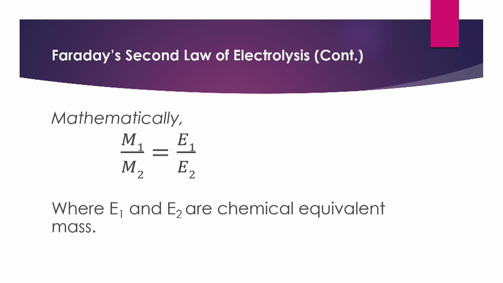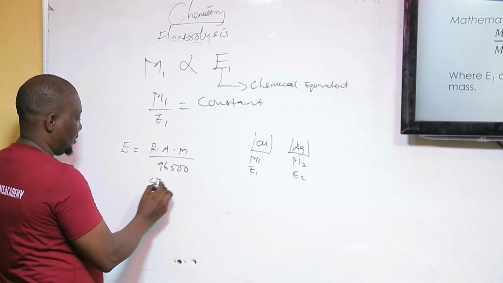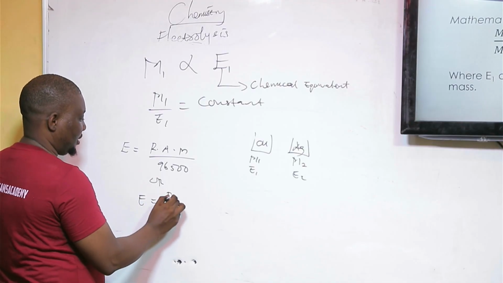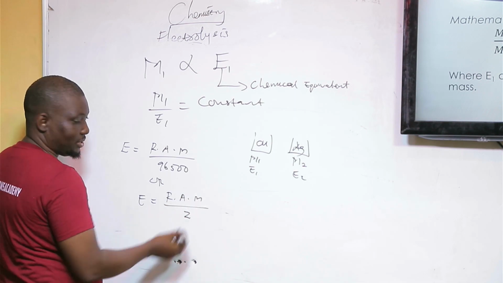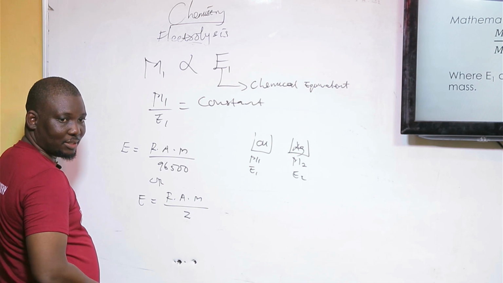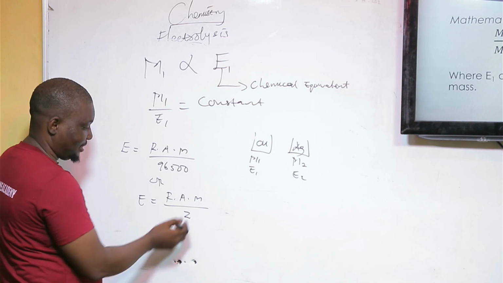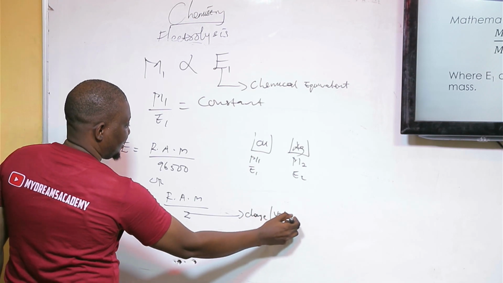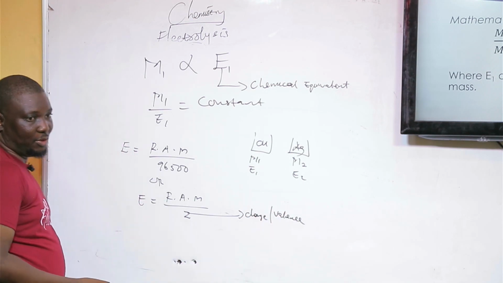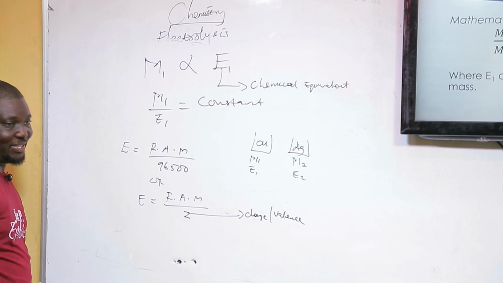Now, what is this E? E is just relative atomic mass divided by 96,500. Or E is the relative atomic mass divided by charge or valency. It does look like a continuation of the first law.